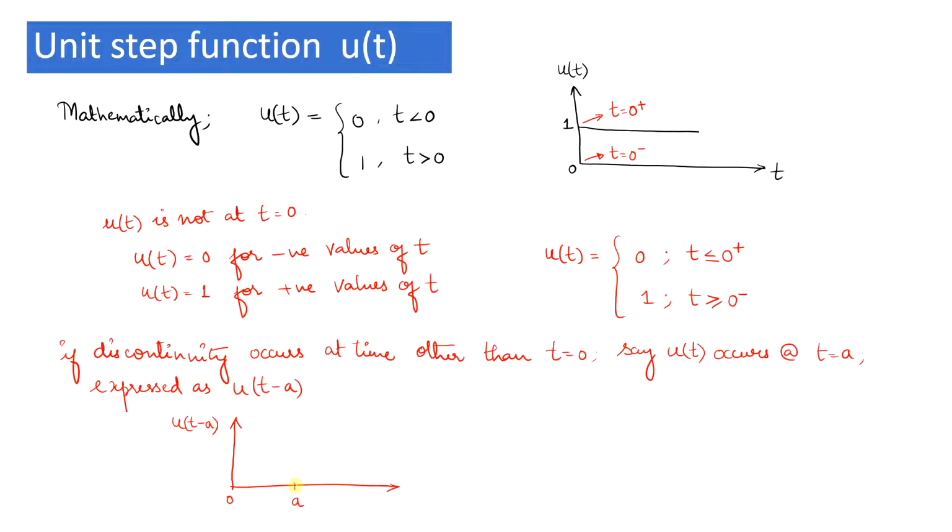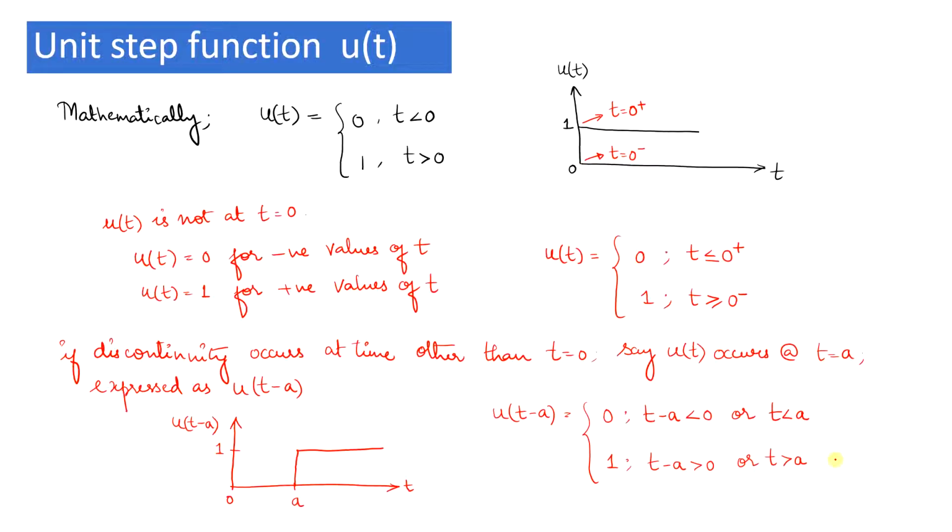So if you observe, this would be the waveform having an amplitude of 1, and mathematically this signal u of t minus a can be written as 0 for the time t minus a less than 0, or I can write this as t less than a, and this will be equal to 1 for t minus a greater than 0 or t greater than a.